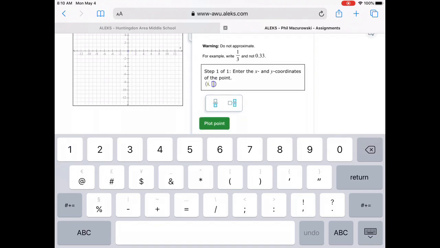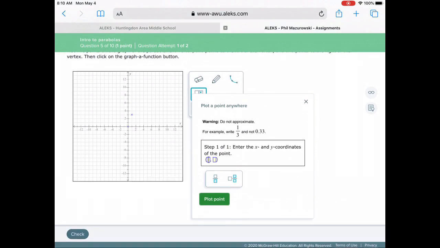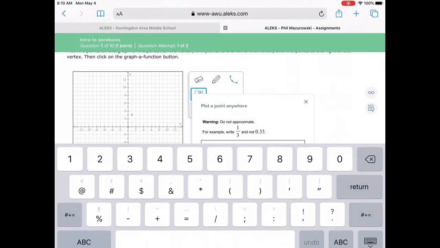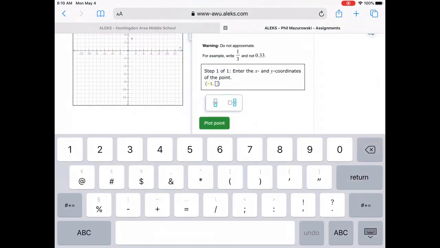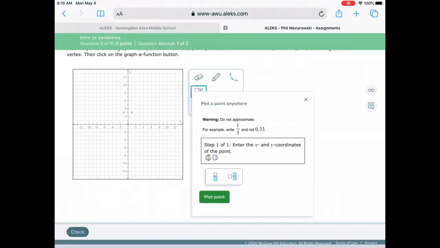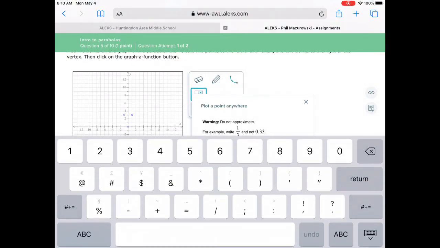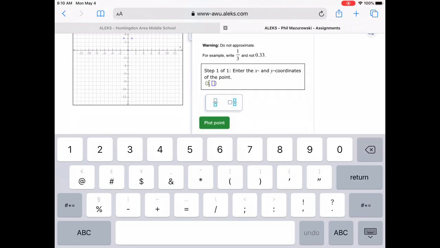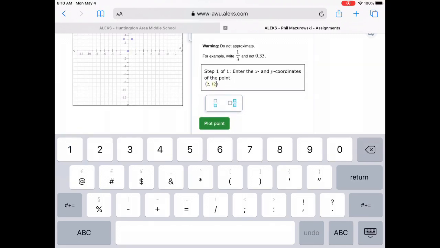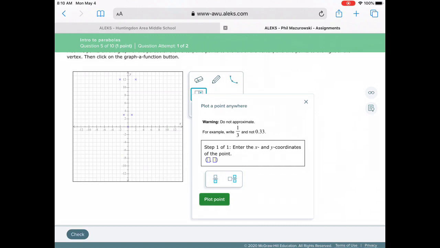And when I put 1, 3 in, it will plot that point for me. If I put -1, 3 in. So if you're ever having trouble getting the precise points plotted, or you come up with a decimal, that tool is very useful as well.